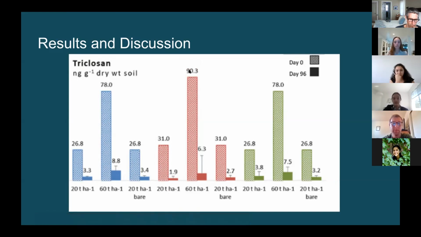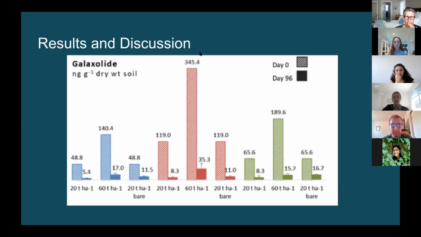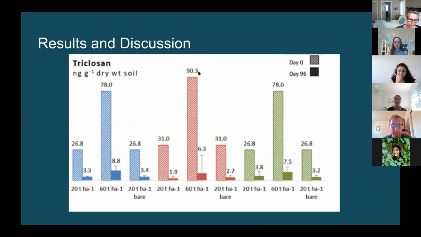And as you can see, it's much higher, obviously, for the 60 tons per hectare, because you're adding a lot more of that sludge. And so these values, if I go back to this other graph, are way smaller. The triclosan is way smaller than the galoxolide.